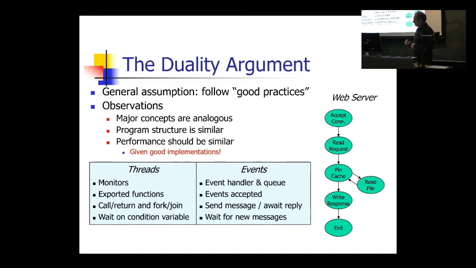The assumption here is that we want to follow good practices in building a system in both models. This is not a debate about doing really weird things with the event model that I can't do with threads, or things particularly appropriate for the thread model that are harder with events, but that's really obscure. The idea is that I want to build a simple system, and the simple system here is a web server.